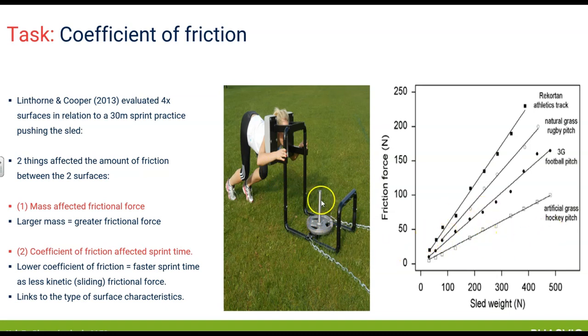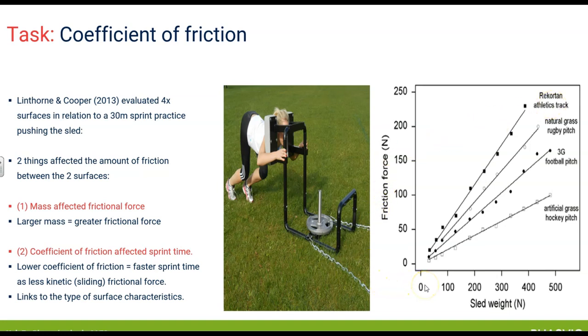But they varied how much weight, in newtons down here, was on the sled, from not very much to loads. And they varied the surface that the sled was pushed over, from Astro for a hockey pitch, 3G football pitch, a grass rugby pitch, or an athletics track, which is quite a rubbery surface.